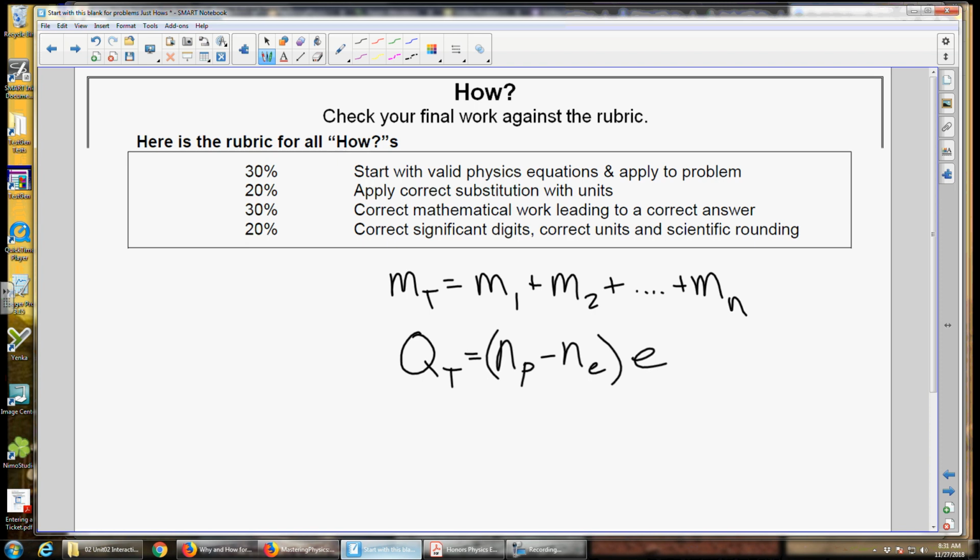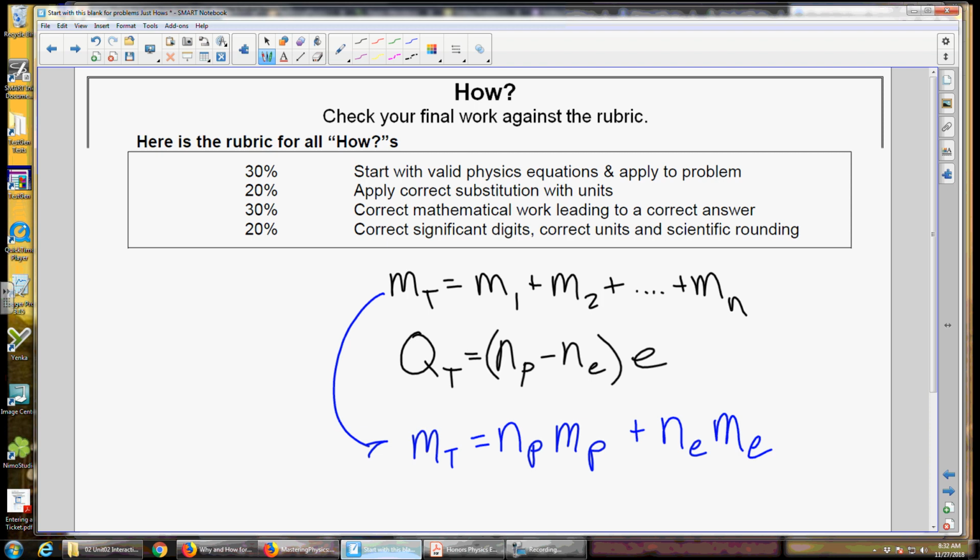And for that case, we could even say, okay, well, let's rewrite that mass total as the number of protons times the mass of a proton plus the number of electrons times the mass of an electron. Right?